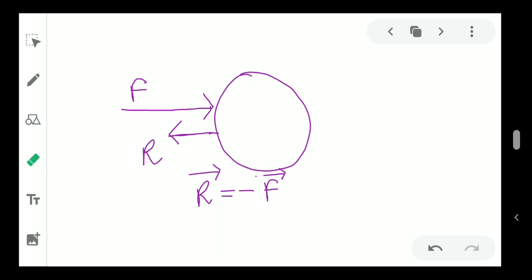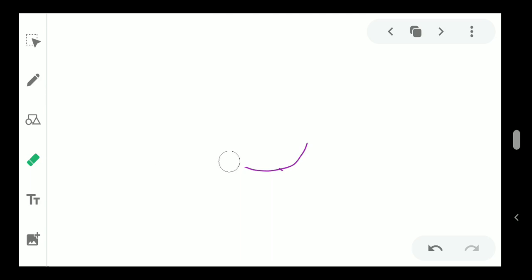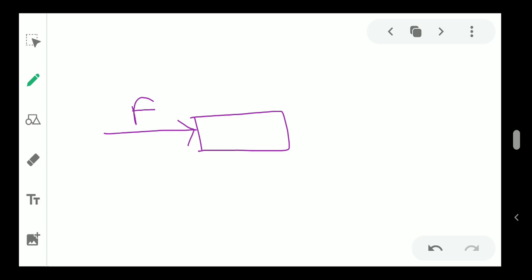Now, if we think that these forces are equivalent, the question will come: if every object is giving a reaction force, then when we push something, like a block, and we are giving some force F, and the block is giving back a reaction force R, that means R and F both will cancel each other and the total force will become zero.